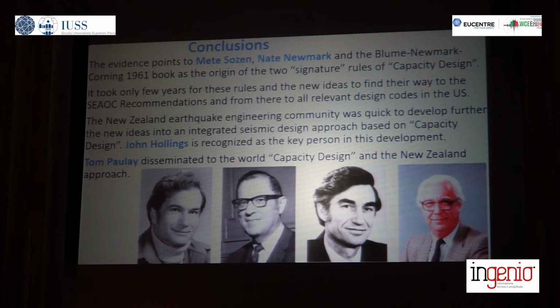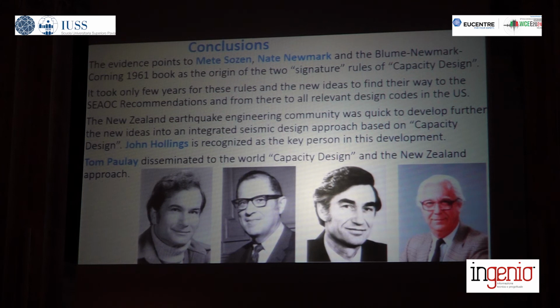And second, these rules were soon adopted in American codes and led John Hollings and other New Zealand practitioners to build on them what they called capacity design as a design philosophy.